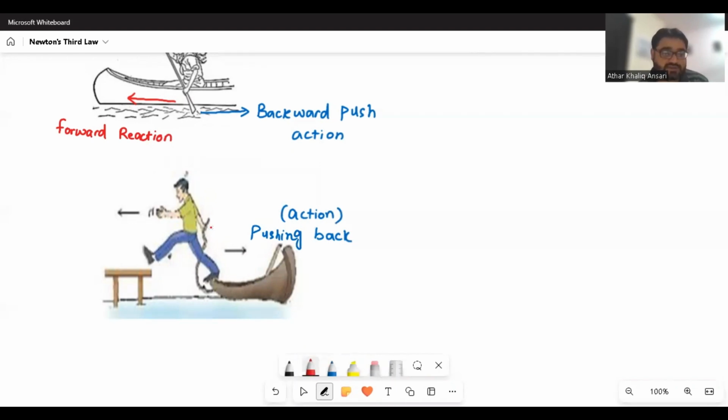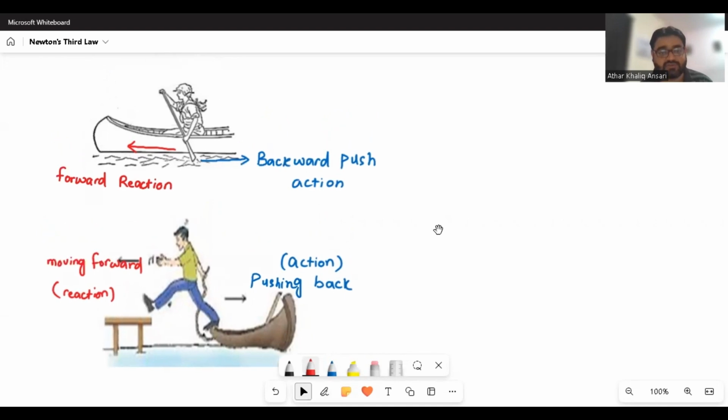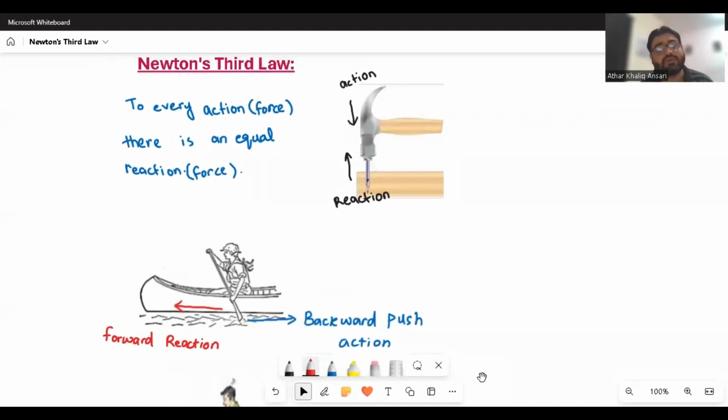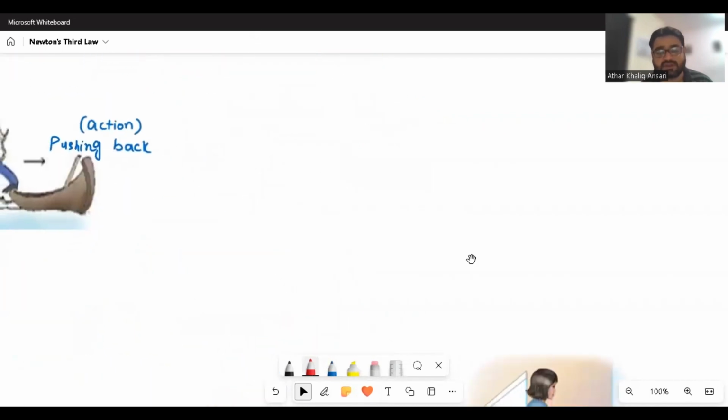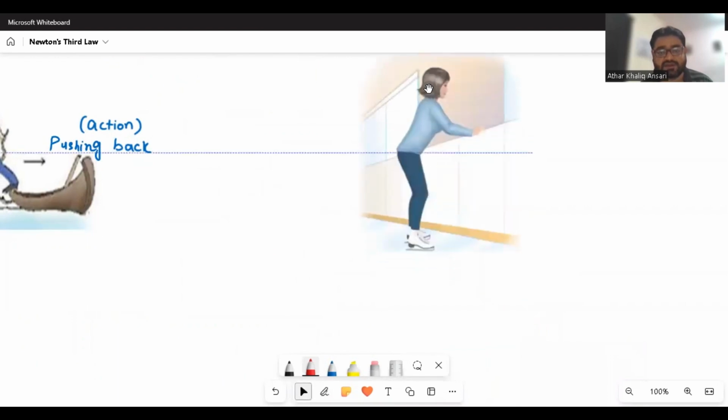That's why the man is moving forward, jumping onto the dock. So what we found in all of these three examples is that every action that we do has an equal but opposite reaction.